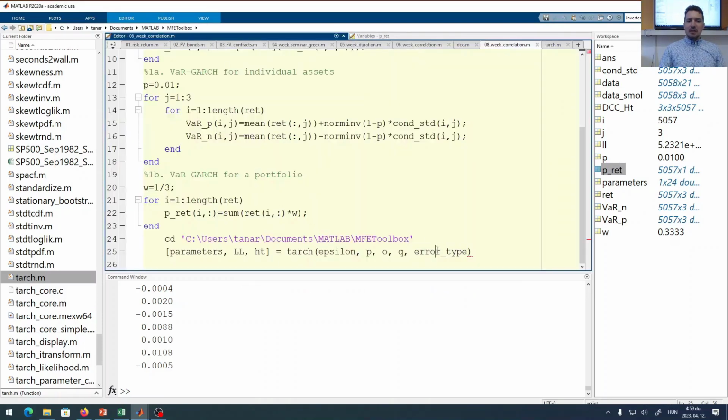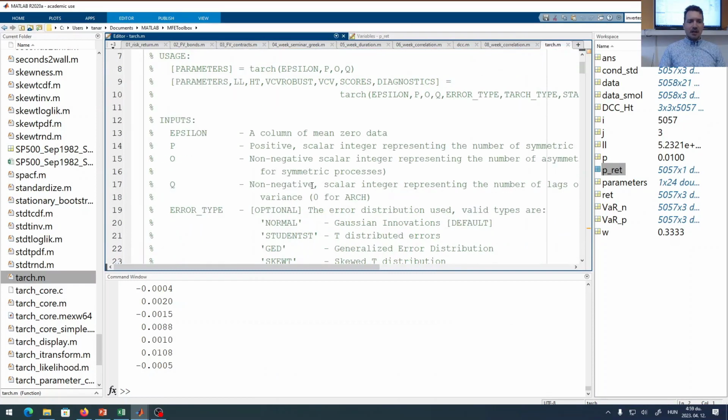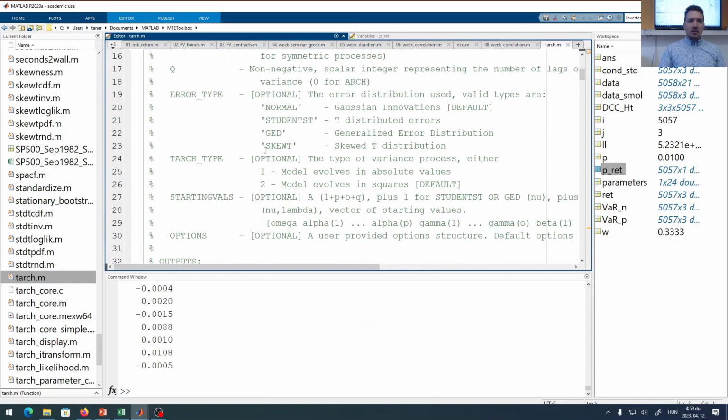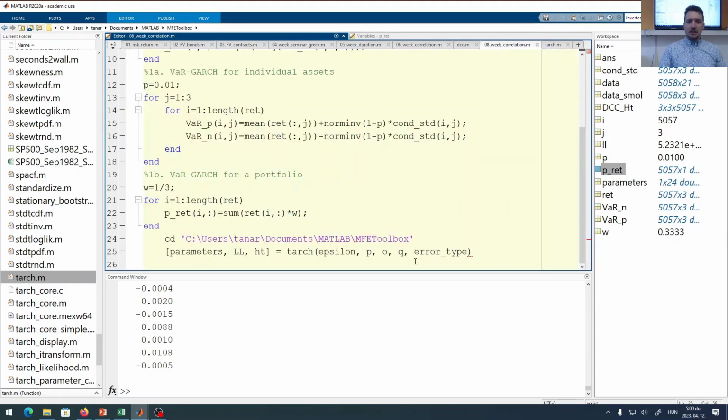Then we can say that okay, what kind of error type can we have here? Also, it knows student t distribution. So after that, we can say that yeah, let's use the brutal one. So 1, 1, 1.